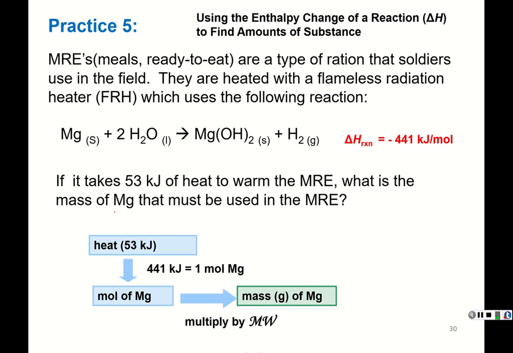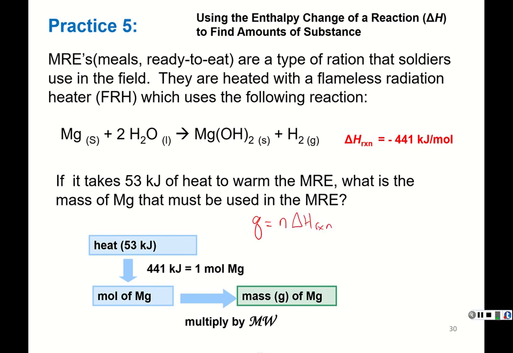Okay, so here's a kind of a roadmap of how to do this. We have our heat and our delta H. So if you want to remember the equation, heat is going to be equal to n times delta H of our reaction.